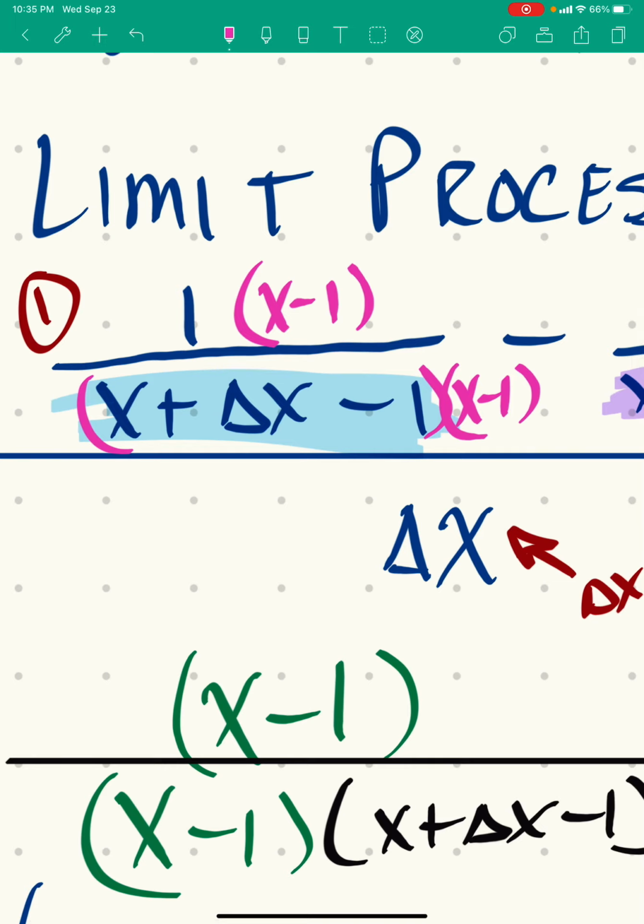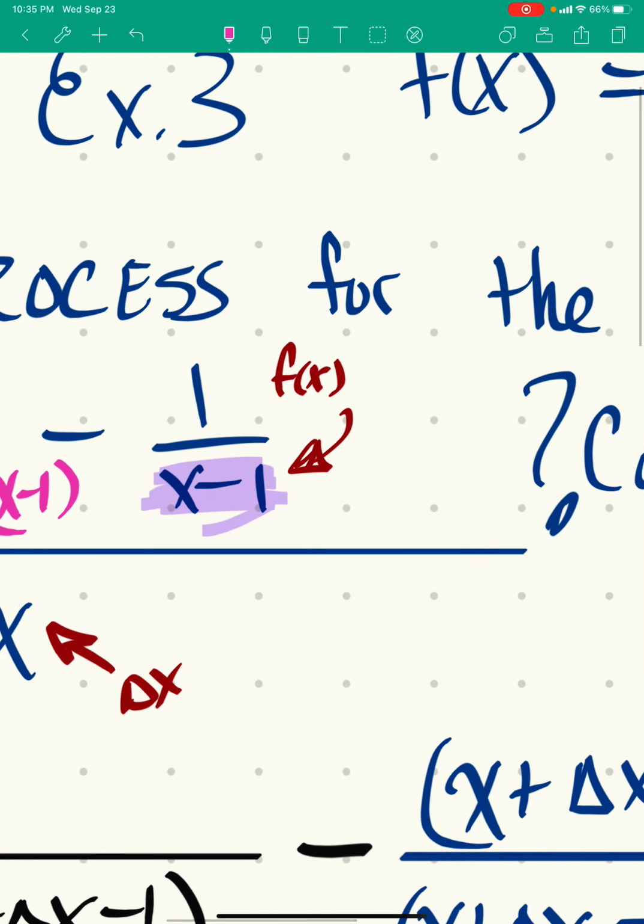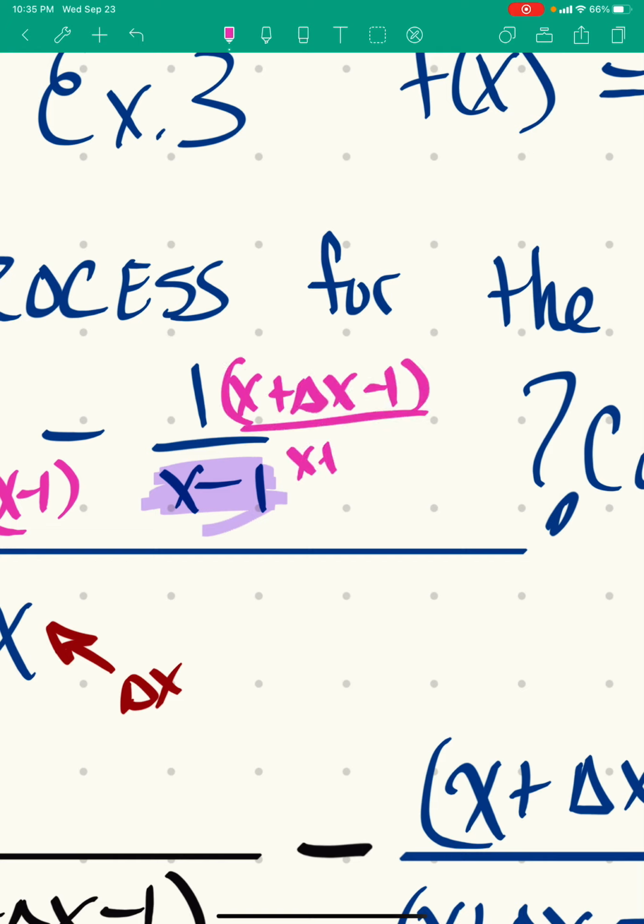So I've got an x minus 1 over x minus 1 on this fraction. And on the other fraction, I'm going to do an x plus delta x minus 1, all over x plus delta x minus 1.